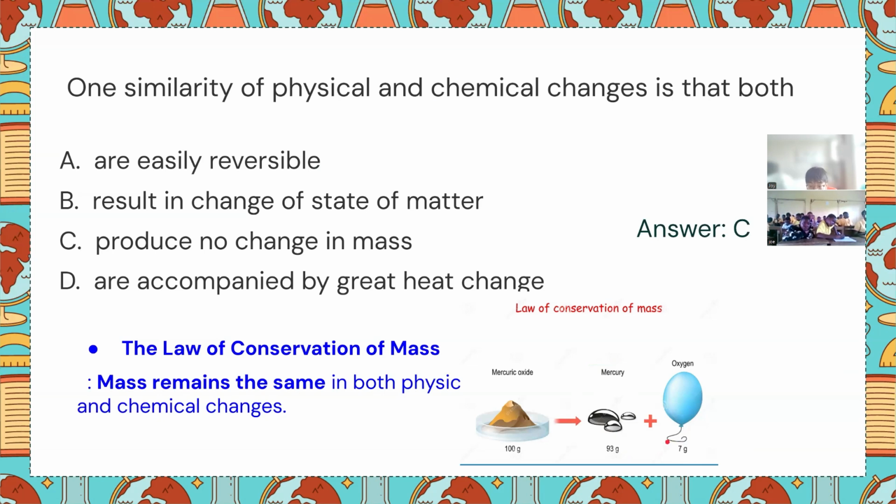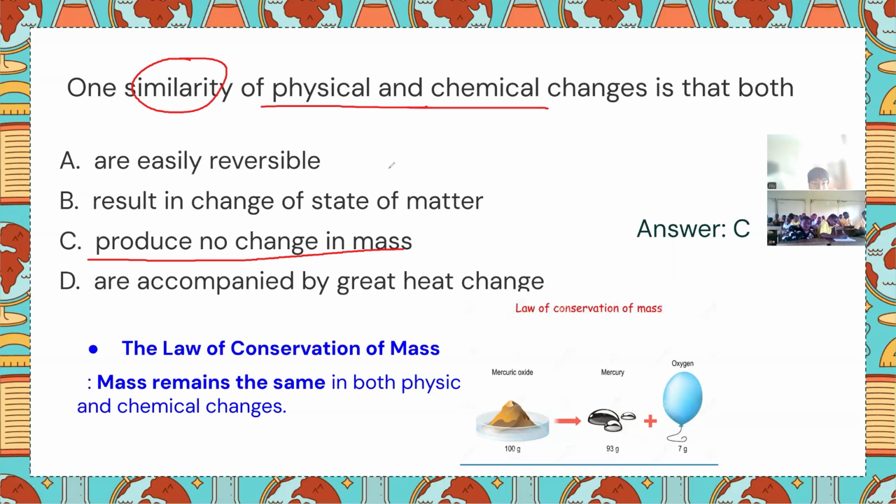You can see that 93 grams plus 7 grams sum up to 100 grams, so no additional mass was created. Mass remains the same across both physical and chemical changes. That is why it is C. It produces no change in mass. It's a similarity of physical and chemical changes.